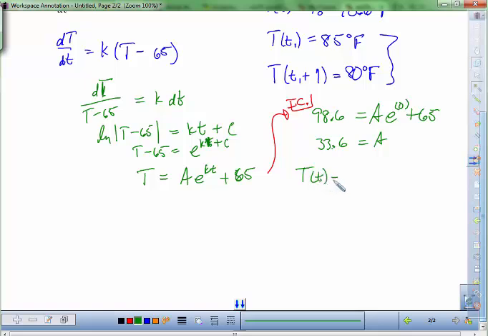So our function without the k yet is going to be 33.6 e to the kt plus 65. All right. So we're almost there. Now we're going to plug in those two values and hopefully be able to solve for t sub 1.